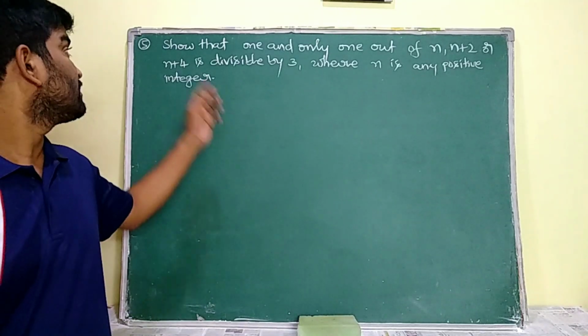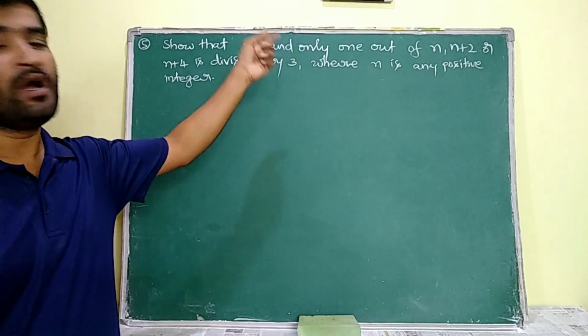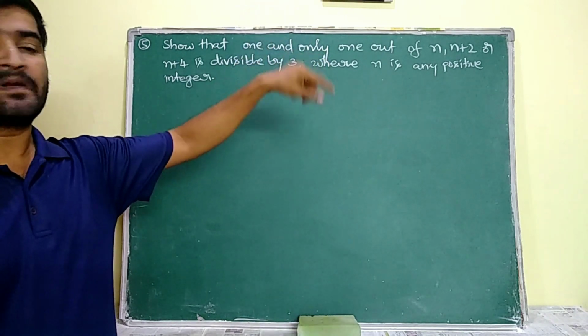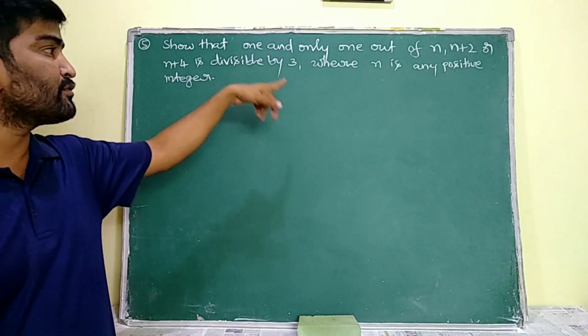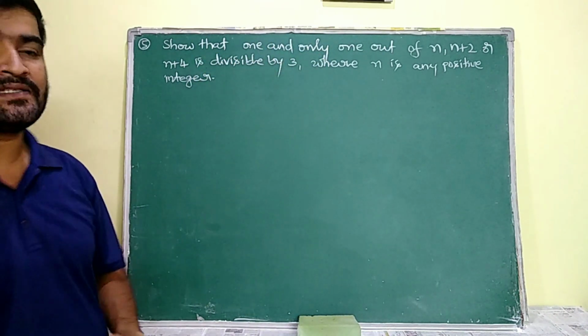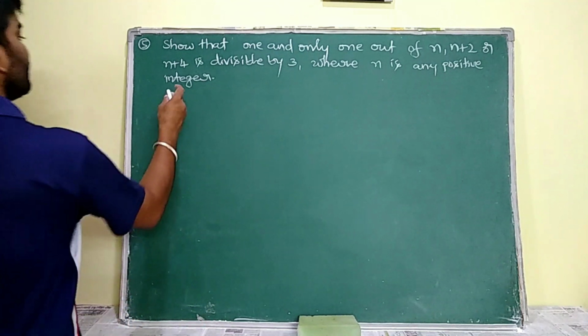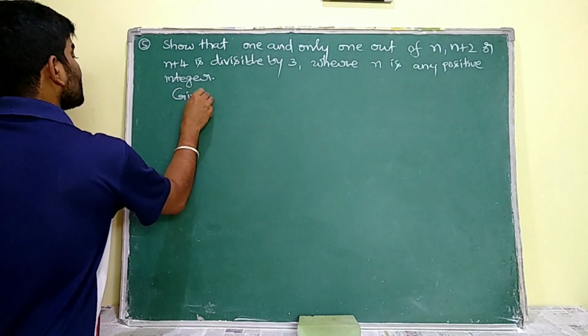See ma, the 5th question. Show that one and only one out of n, n plus 2 or n plus 4 is divisible by 3, where n is any positive integer. Firstly write the given numbers.